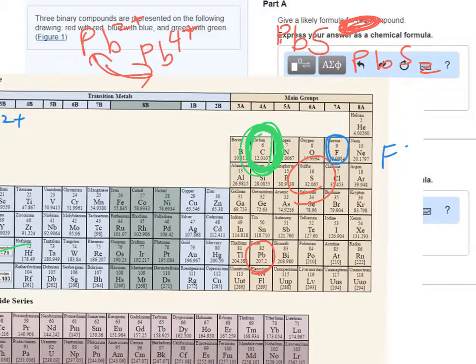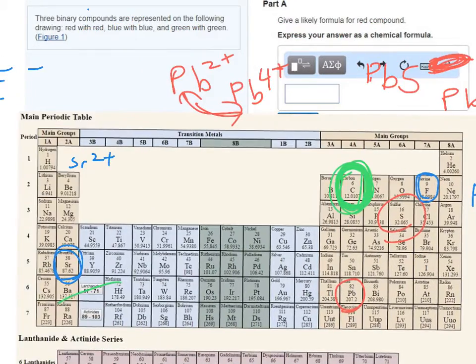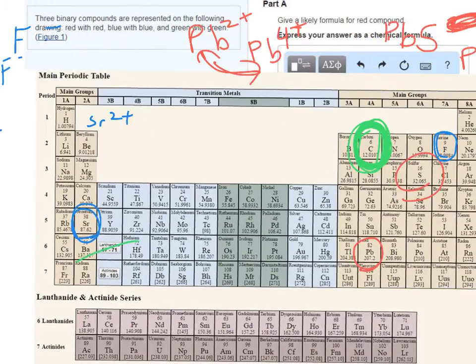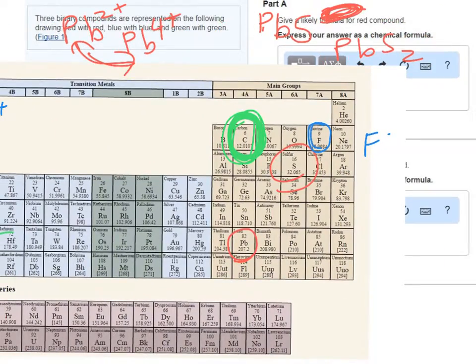Then it's combining with, who is it going to pair with? It's going to pair with group 7A, fourth period. 1, 2, 3, 4. Fourth period would be bromine.